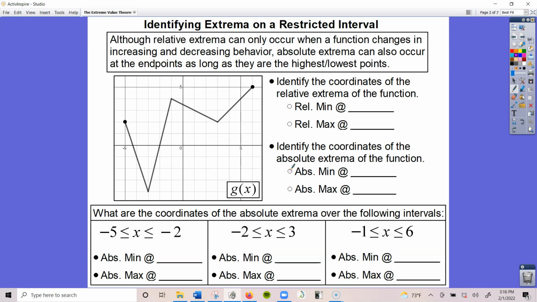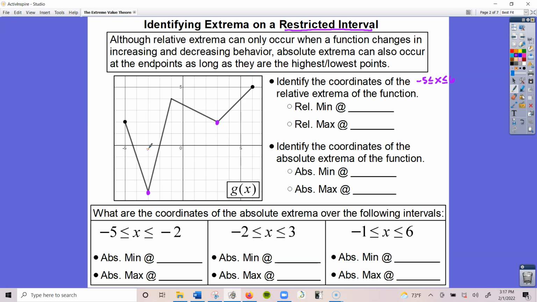Now we're going to identify our extrema on what's called a restricted interval. A restricted interval means that there are definite endpoints, so we're only looking at particular sections on the graph. If I was looking at this entire graph, this interval would be from -5 until 6. My relative minimum here, again, this is when it changes from decreasing to increasing, would be this point here and this point here.